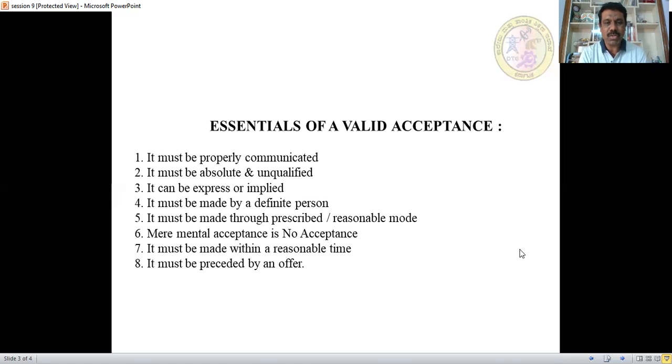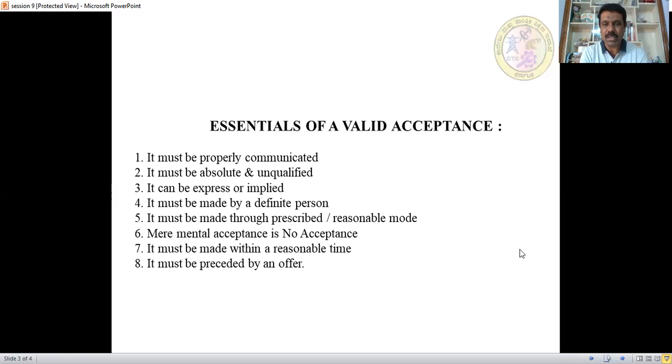Then it must be made within a reasonable time. If the offer is made with a condition that the acceptance must be conveyed within a certain specified period of time, then the acceptor must communicate his acceptance within that period.